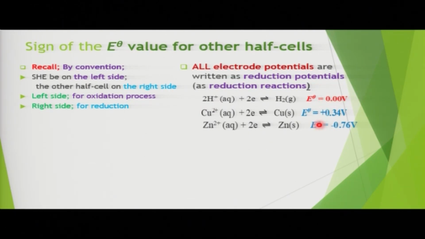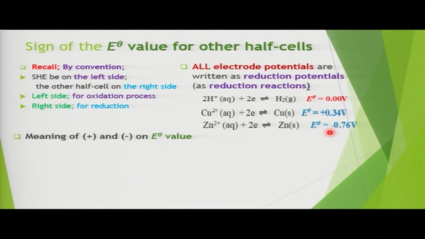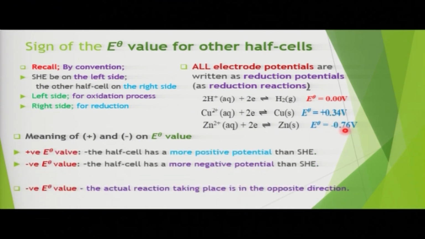Of course, hydrogen is unique, it has a 0. Copper is a positive value. Zinc is a negative value. So what is the meaning of those positives and negatives? Positive potential, negative potential, what exactly does that imply?